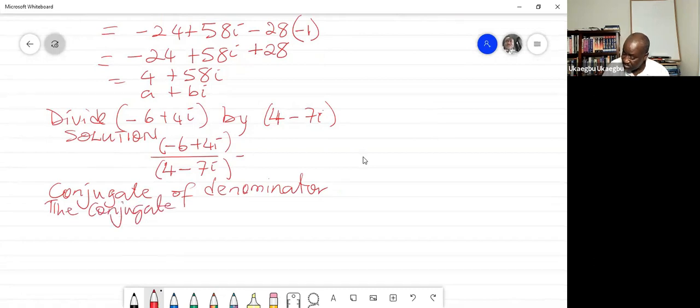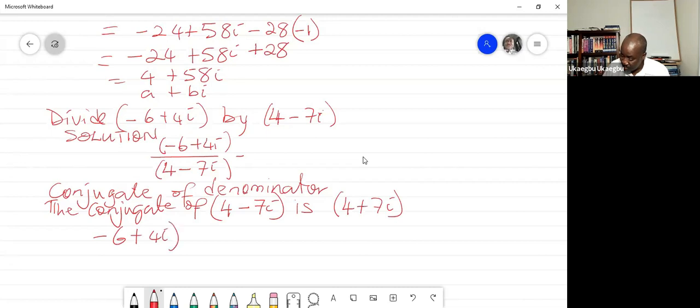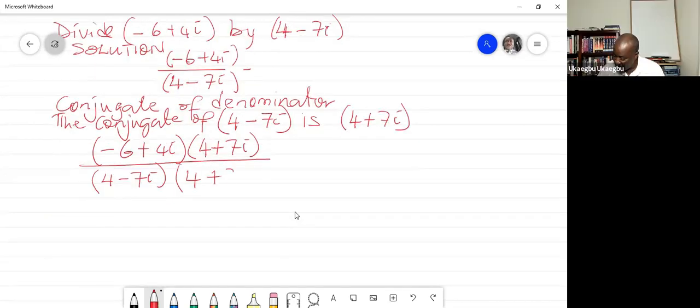The conjugate of 4 minus 7i is 4 plus 7i. Once you determine the conjugate, you multiply the numerator and denominator by the conjugate. So you do negative 6 plus 4i multiplied by 4 plus 7i, divided by 4 minus 7i multiplied by 4 plus 7i. So that's how you set it up.